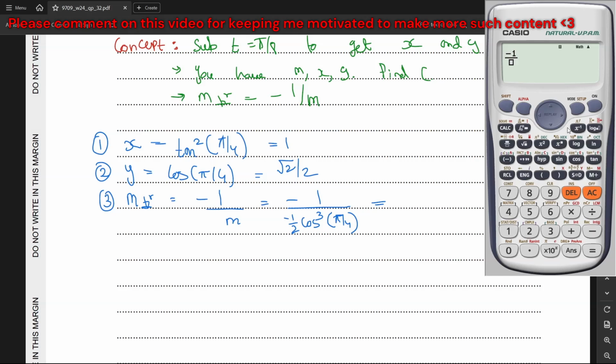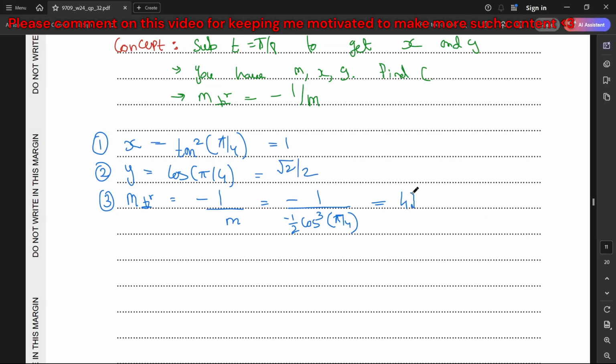Negative 1 divided by negative half can be written as negative 0.5, and then I'm having cos of pi by 4, and cube is just for the cos term. If I solve this, I'm getting 4 root 2. So 4 root 2 is the gradient for the normal line, and therefore the equation of the normal will become the equation of the normal.